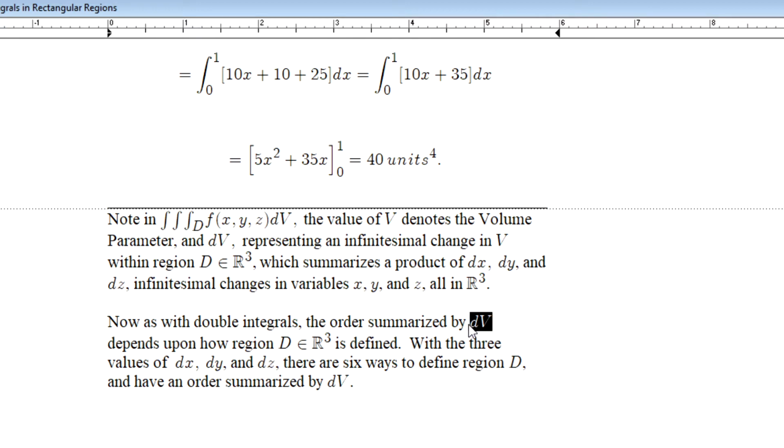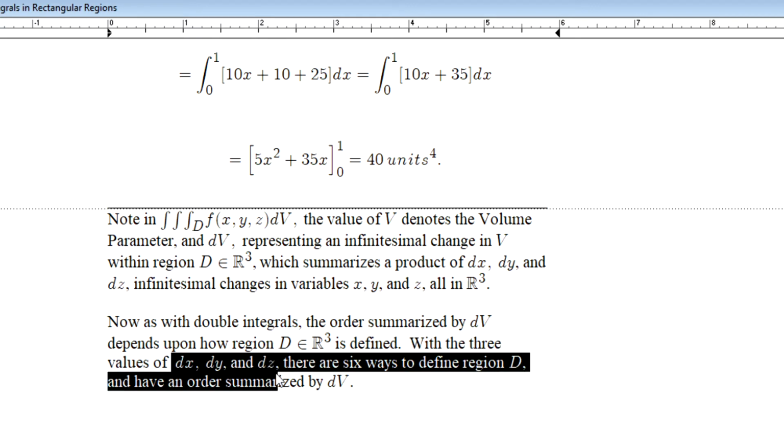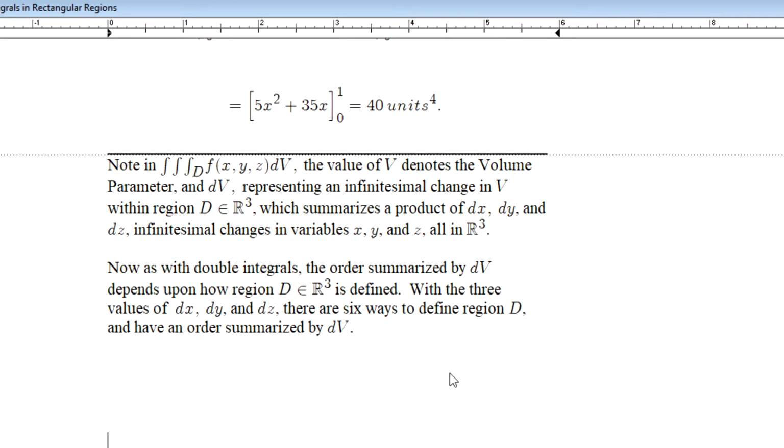Now, the summarization given by dv really depends upon how we define region D in three-dimensional space, with the values of dy, dz, and dx. With these three differentials, there are 6 ways that we could think about defining region D in general and have an order of summarization by dv.